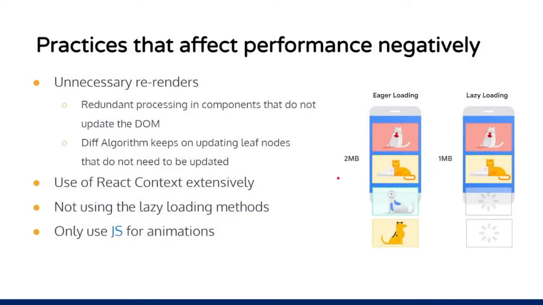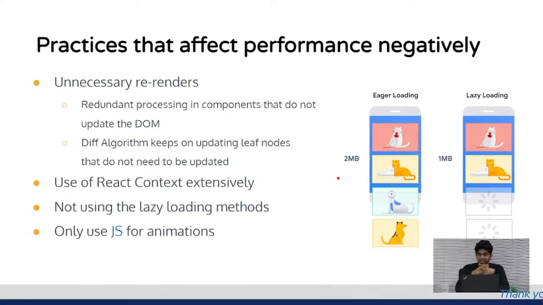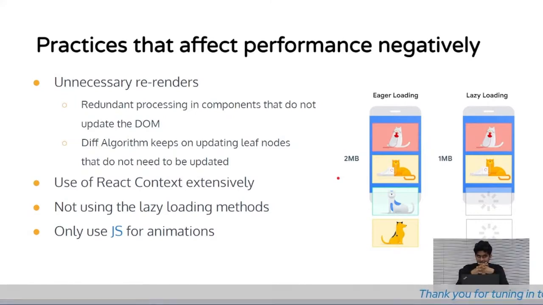Now let's look at some things that we as developers do that affect performance in a negative way. The main impact with React usage is not thinking about unnecessary re-renders, where the DOM gets updated unnecessarily.